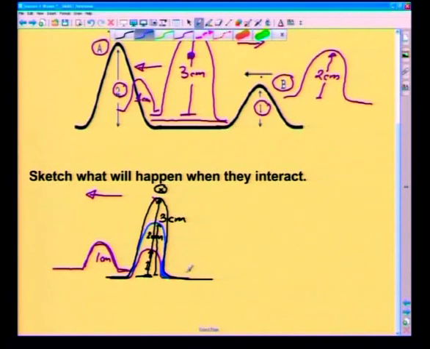The blue one, the bigger one, will also continue because it's moving in that direction, regain its amplitude of 2 centimeters and proceed in its direction. So this superposition, which happened due to the interference of the two, occurs at that very point and not anywhere else. When they separate, they move on in that direction with their initial amplitudes. That is very important to note.